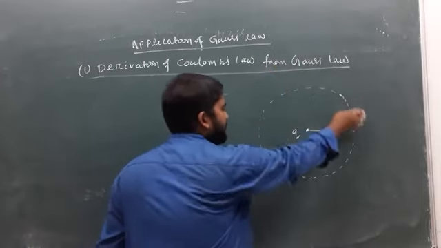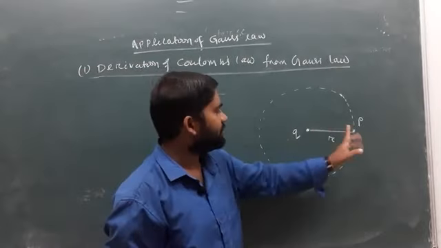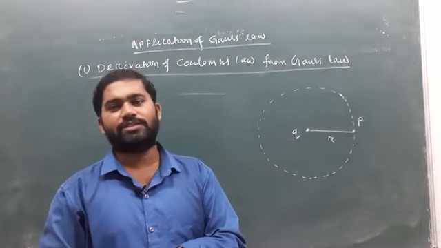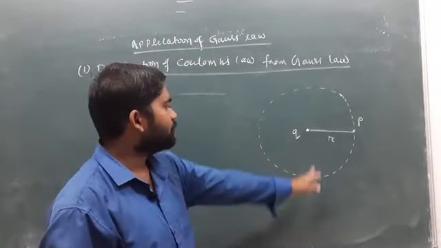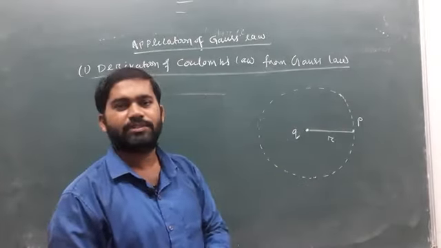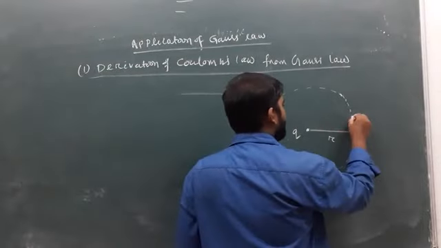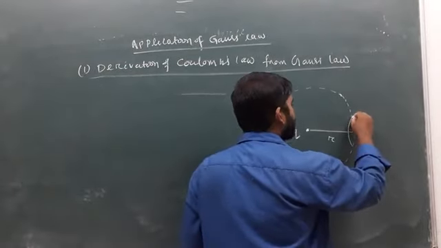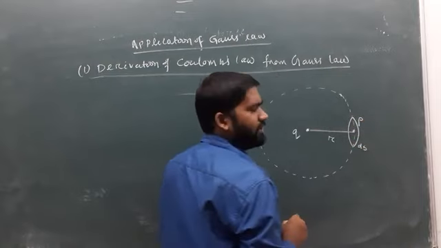This is an imaginary Gaussian surface drawn by taking a radius r, and it passes through the point of observation P. As it is a point charge, the electric lines of force are in the outward direction. To use the Gauss law, we take a small surface of area ds.